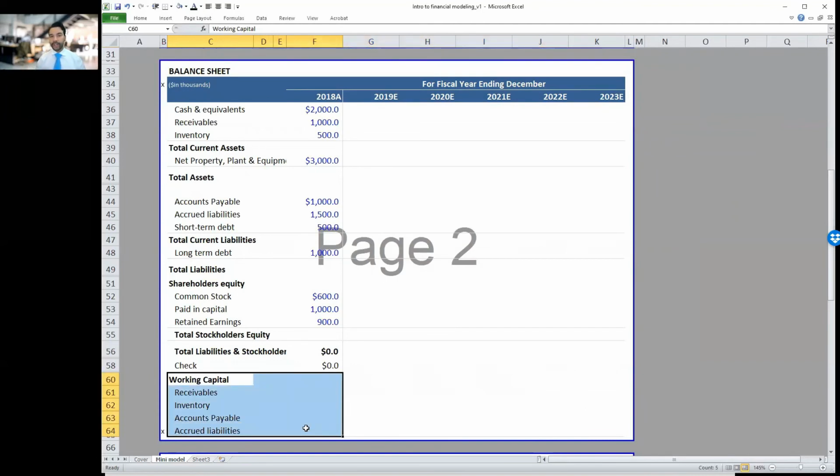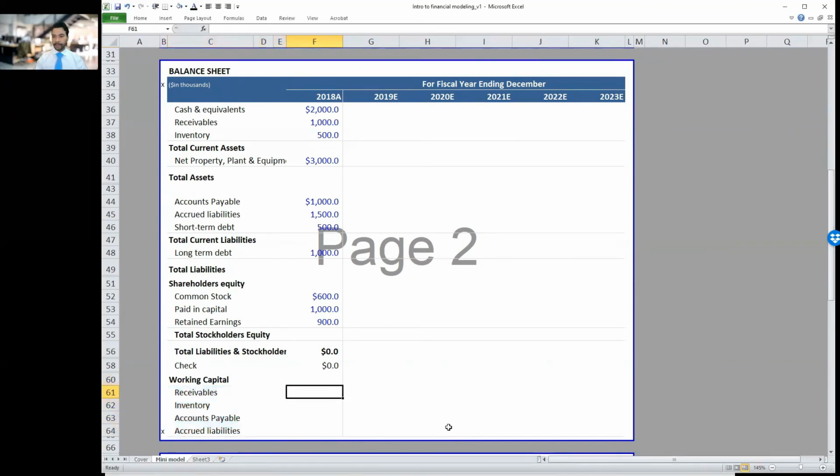These working capital ratios are what's going to allow us to see how long it takes the company to convert their current assets into cash, and to convert their liabilities or pay their liabilities. How long does it take them to basically pay out their suppliers, their employees, the rent, etc.? So let's go ahead and calculate these working capital ratios.